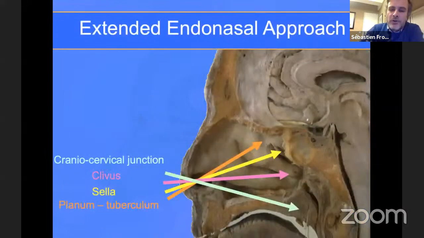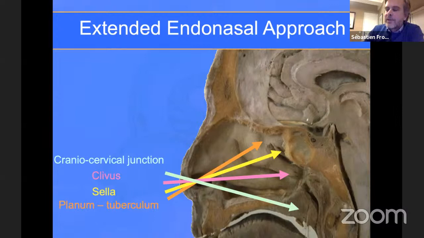As you know, for those tumors, the extended endonasal approach has really changed the way we treat those patients. Reaching the clivus with a transcranial approach is extremely difficult. It's very far, very deep. But if you come from the nose, it's really straightforward. It's really in front of us.